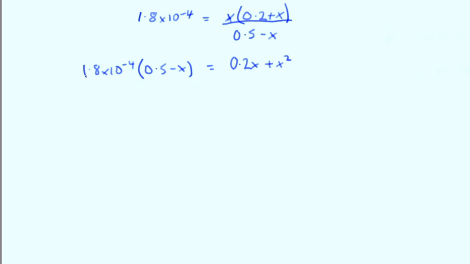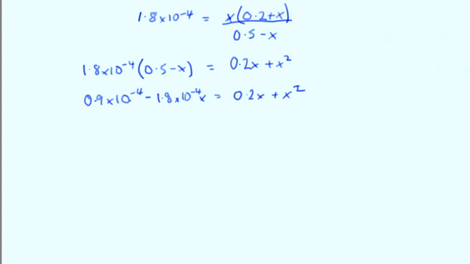Multiply this one out. 1.8 times 10 to the minus 4 times 0.5 is just 0.9 times 10 to the minus 4. And before you say anything, we could actually just make this 9 times 10 to the minus 5. That's also correct. I'm just keeping it in the same just to make it simpler. Next, this one is 1.8 times 10 to the minus 4 x equals that.